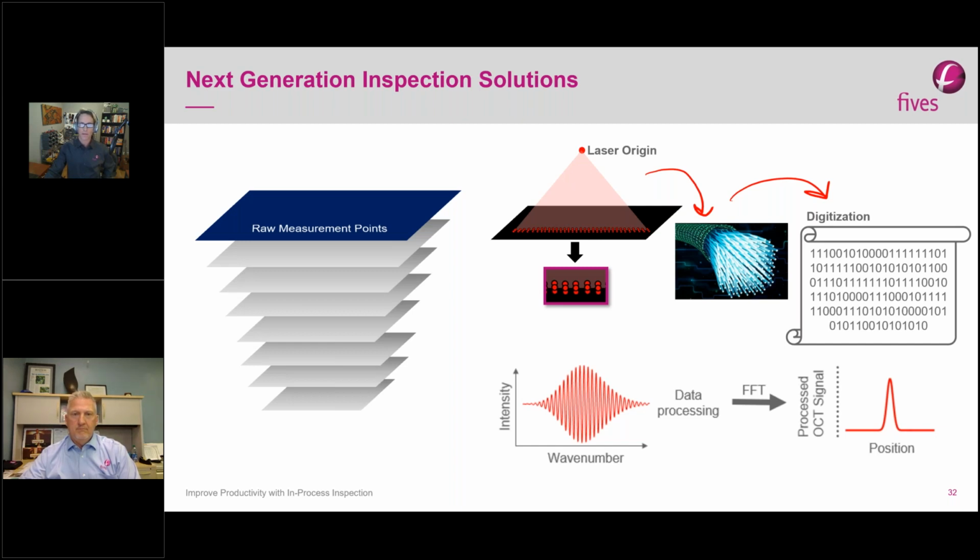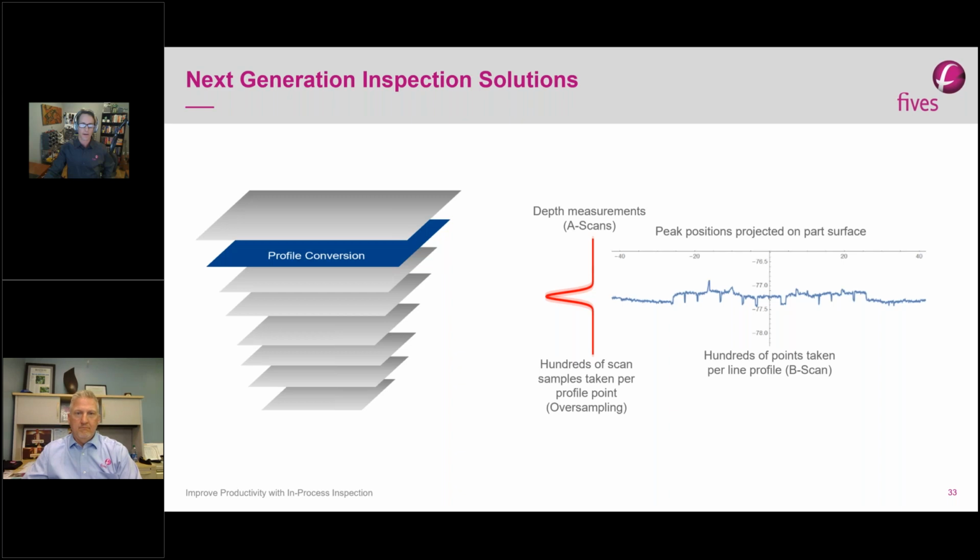In other words, that point is really accurate and correct, and it's repeated many times across the profile. So here's that layer. If you run the animation, Robert, I think it's a good way to show it. After you take an A scan, you repeat it across the profile, and we do that thousands of times.